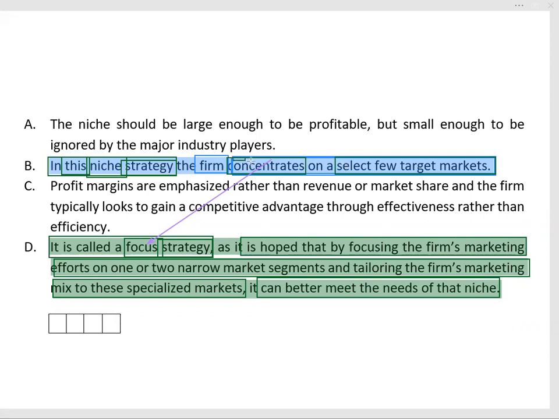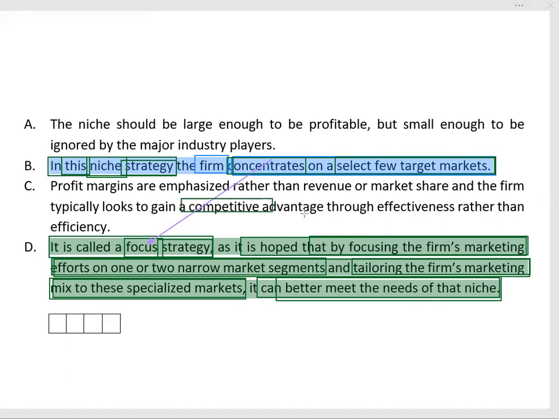So concentrating on a select few target markets to do what? One, this is done by focusing the firm's marketing effort on these narrow market segments, and then also they require tailoring the firm's marketing mix to these specialized markets. The objective is to better meet the needs of that niche.